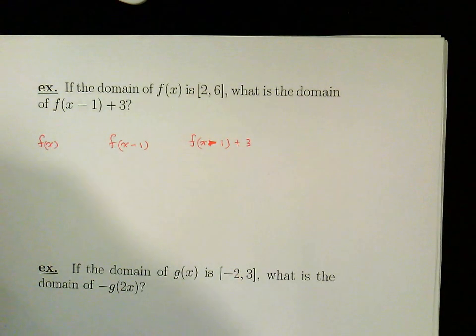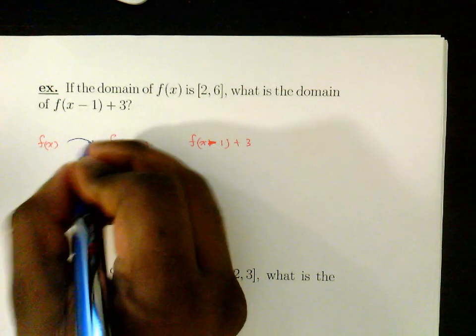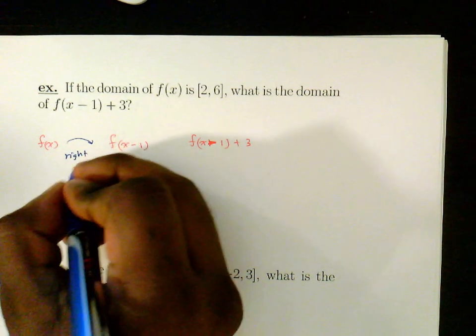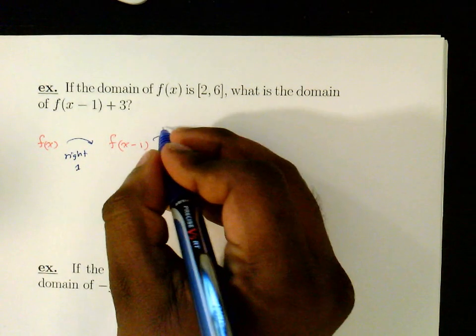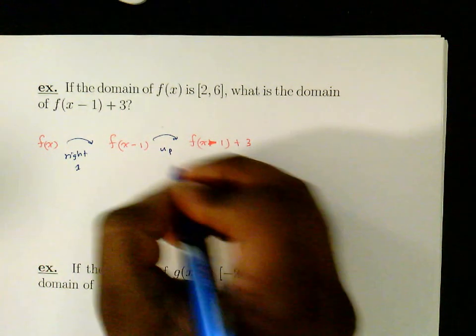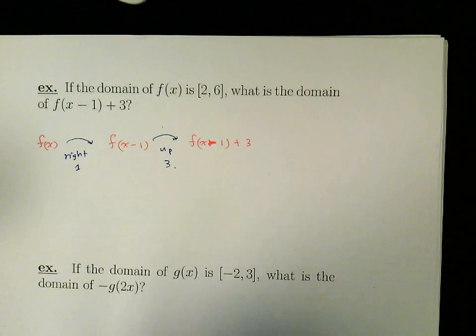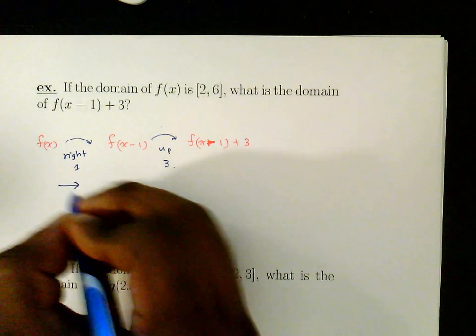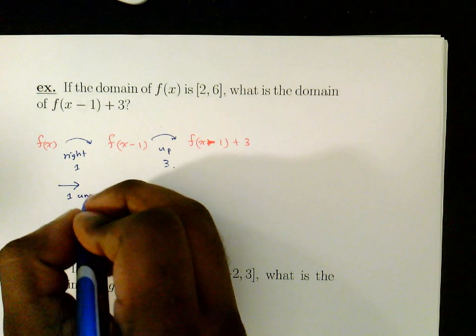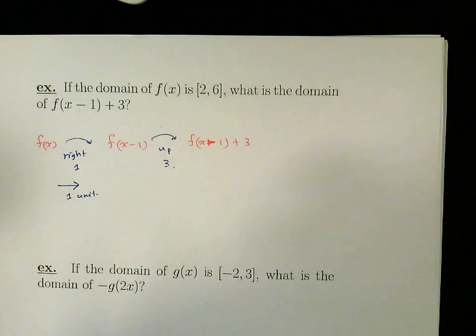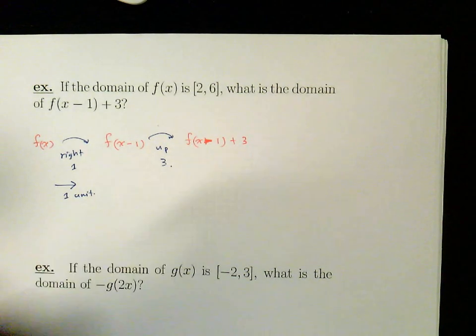How does this transformation work? Well, that's right 1 and up 3. So when you do right 1, you move the graph in that direction 1 unit. So all the x values would be shifted by 1 unit.